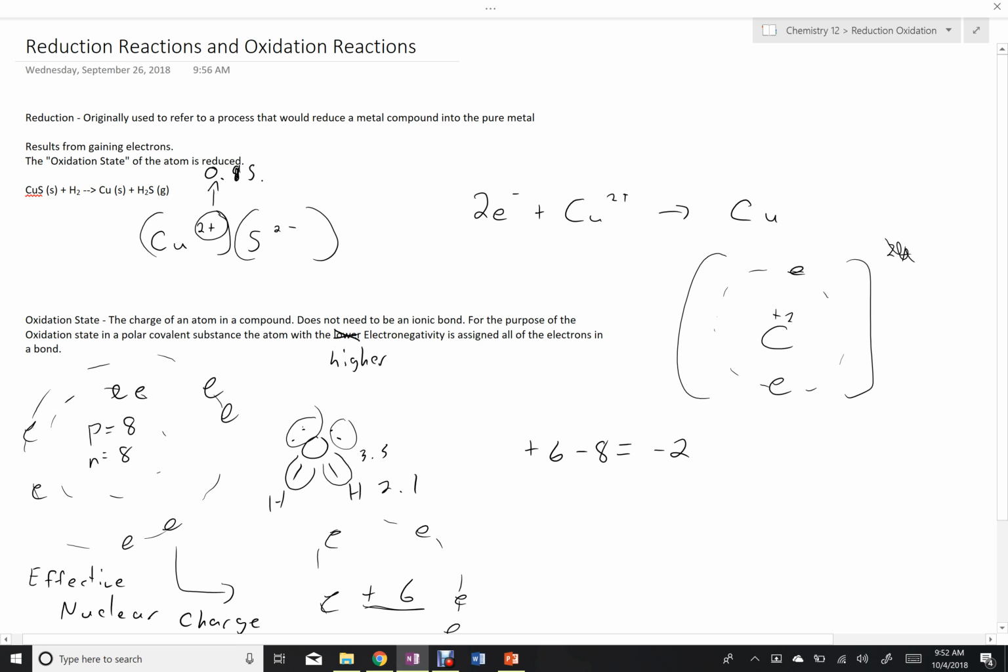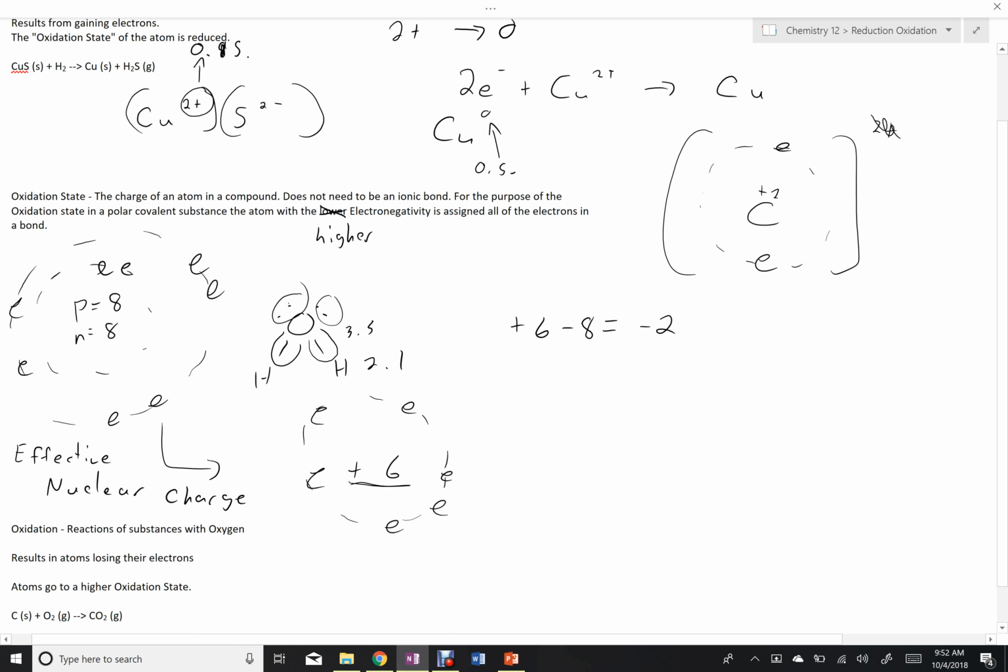And after the reaction, it's sitting over here as an element, and so its oxidation state would be 0. So it went from 2 plus to 0. That is a reduction. How did it get reduced? It gets reduced by gaining electrons that can cancel that positive charge. And so a reduction is gaining electrons or reducing the oxidation state.